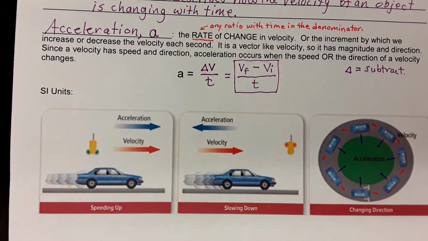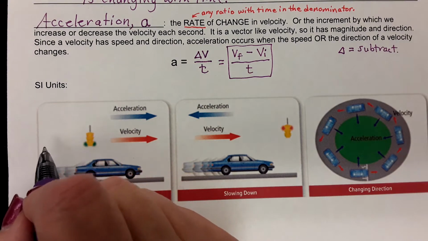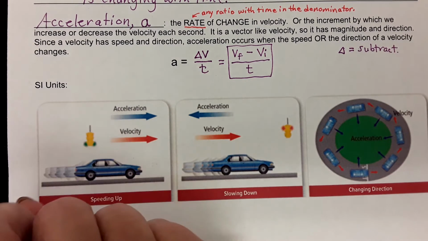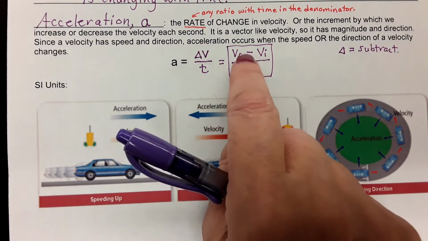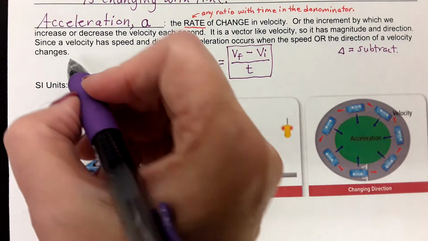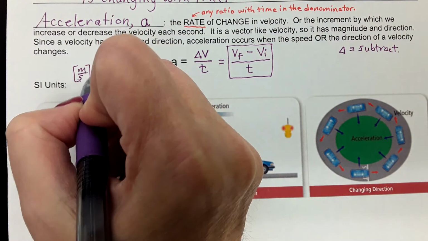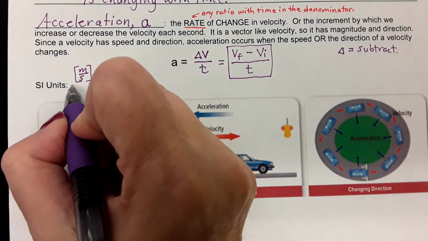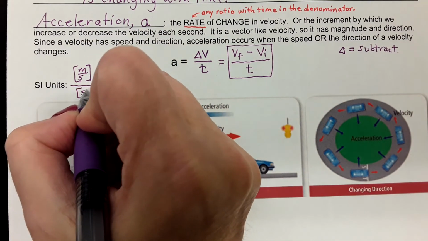Oh, wait, we've got to talk about the SI units first, don't we? All right, so how do we measure acceleration? Well, in order to find the units that we're going to use, we have to look at the formula. We know that speed and velocity are measured in meters per second, okay? And we're going to divide that by time, which is measured in seconds.